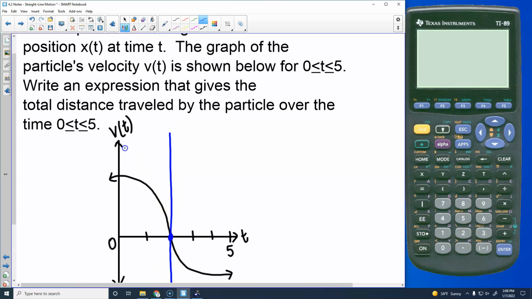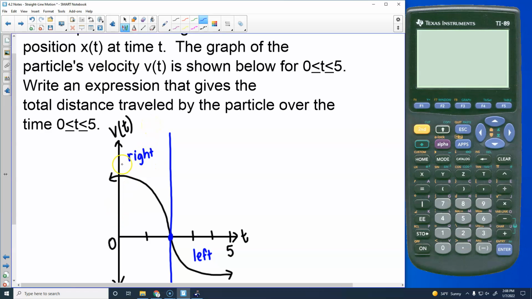All right. So from 0 to 2, which direction is our particle traveling? Right. Because we are above the x-axis, which is positive. Which direction are we traveling? Right. Okay. So, if I want to know the total distance traveled, let's just look at it in sections.